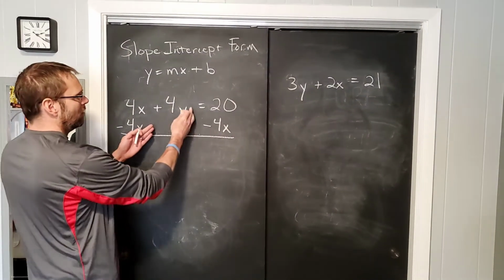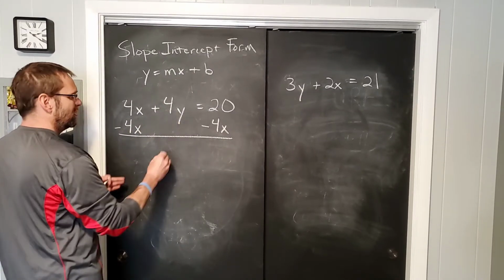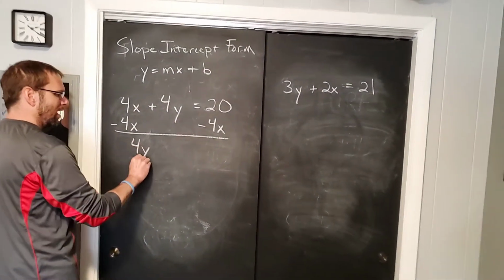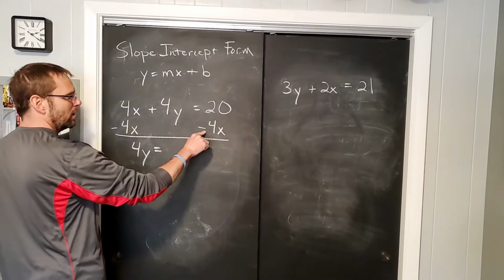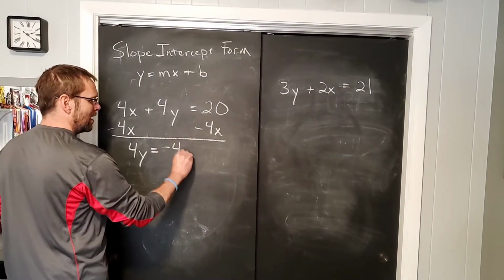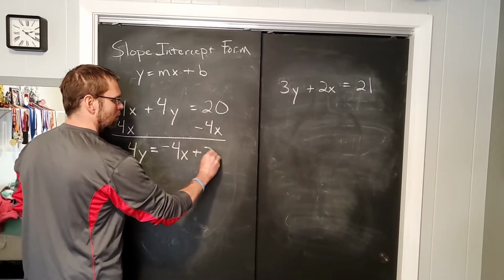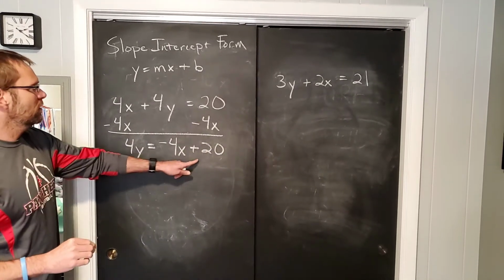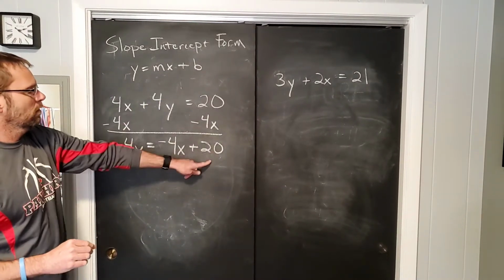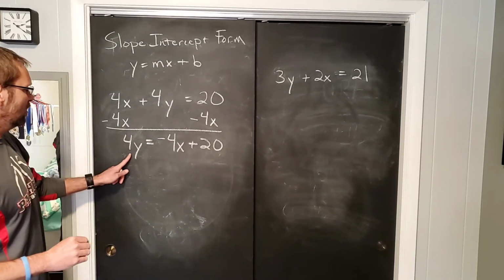Today we have a little more work to do because now I have 4y still on this side. I haven't done anything with that yet. Equals, now I'm going to write this in the correct order, negative 4x plus 20. I want to write it in this order so I have my x before my number at the end.